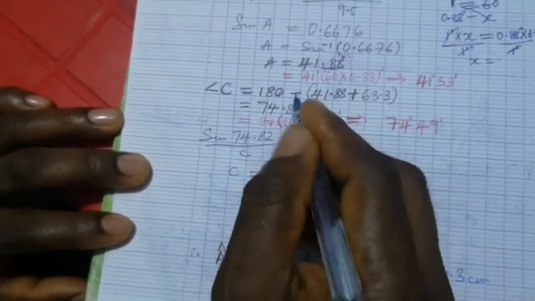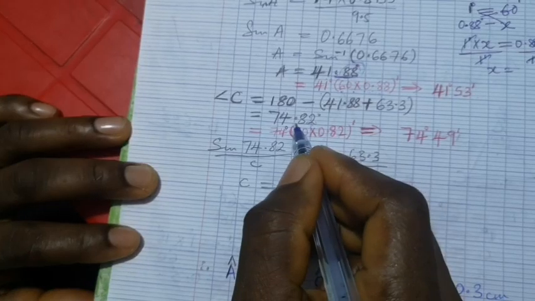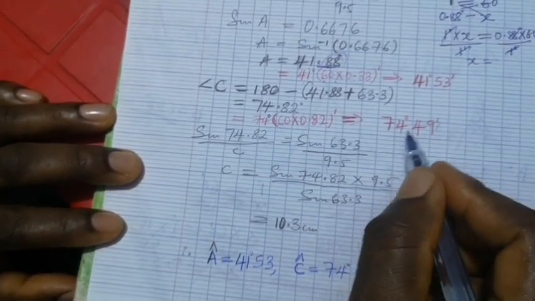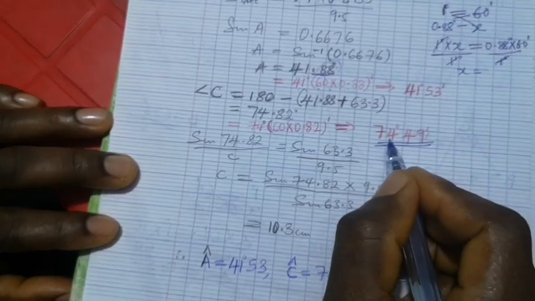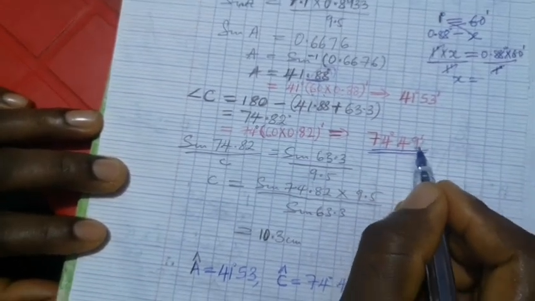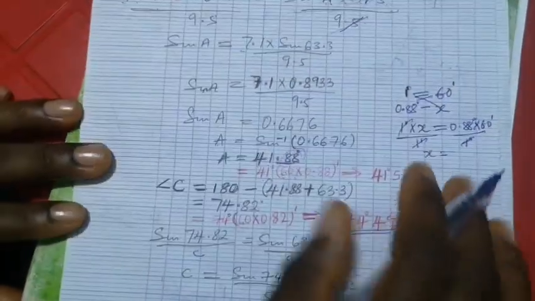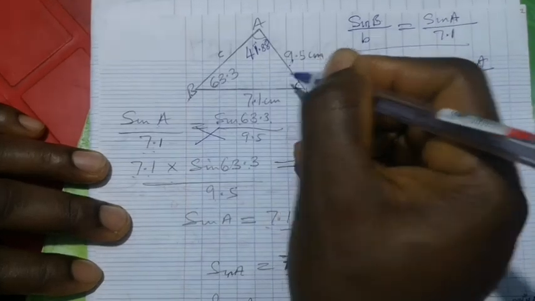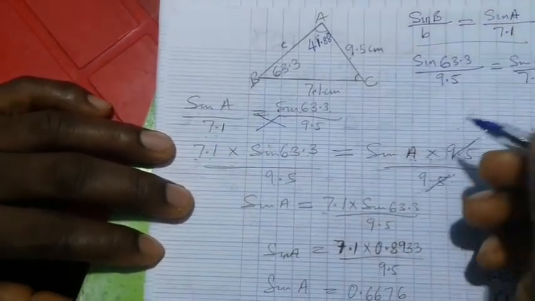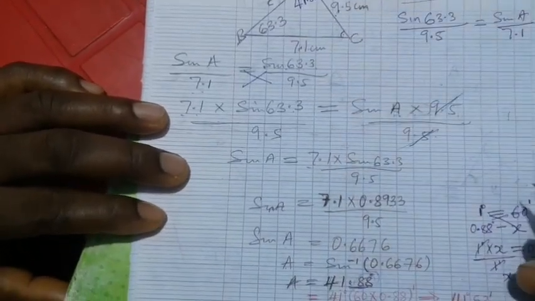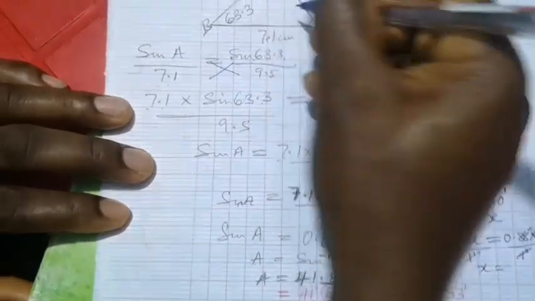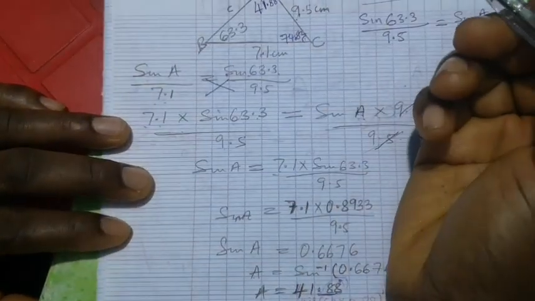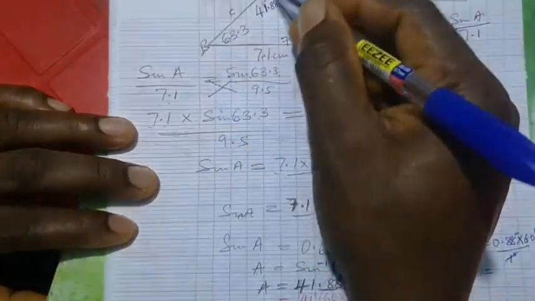This is the degree part of it, this is 74 degrees. Then the decimal part of it we convert to minutes, and that is what we have here. Okay, so we have found this angle. I will use the degree part here. So in degree, here is 74.82.